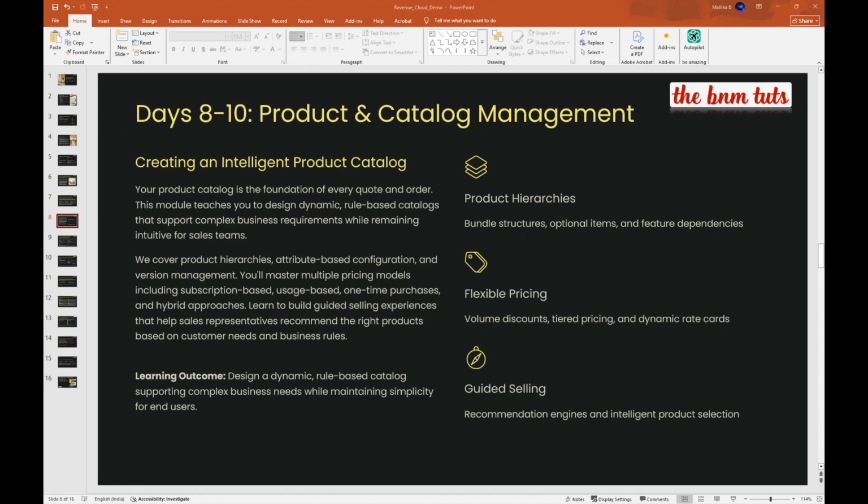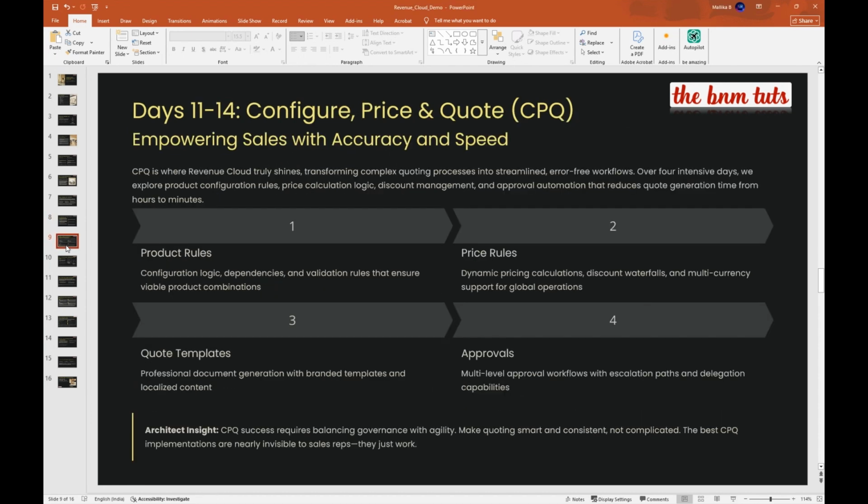Okay. And in the next session, we are going to discuss CPQ, related to Revenue Cloud. Salesforce CPQ you already understand, but I'll be explaining how we can configure price quote in Revenue Cloud. That is CPQ automation, automating quote generation, and approvals through rules and flows. We'll be creating product rules, generating price rules, and quote templates depending on the business needs.